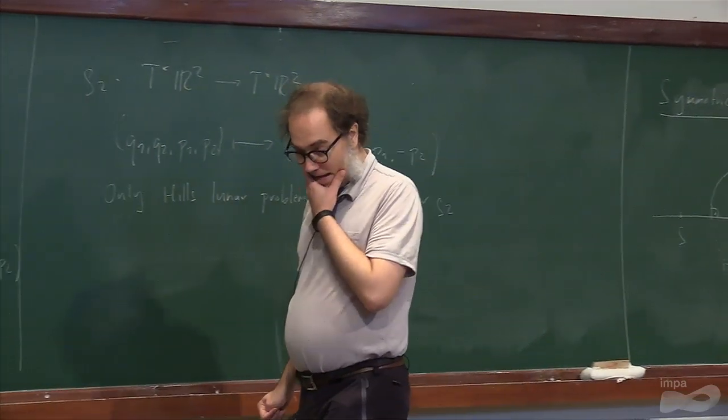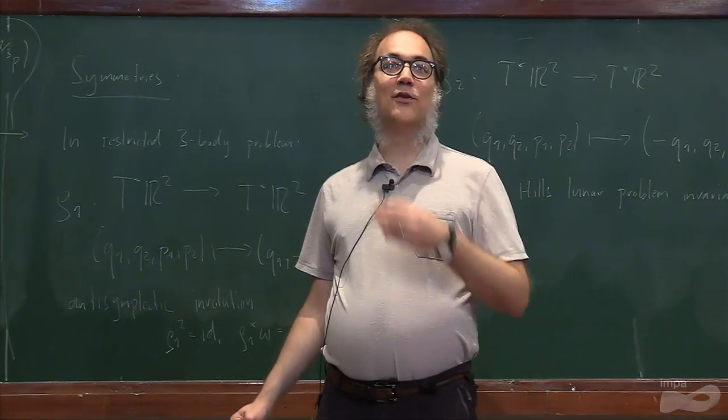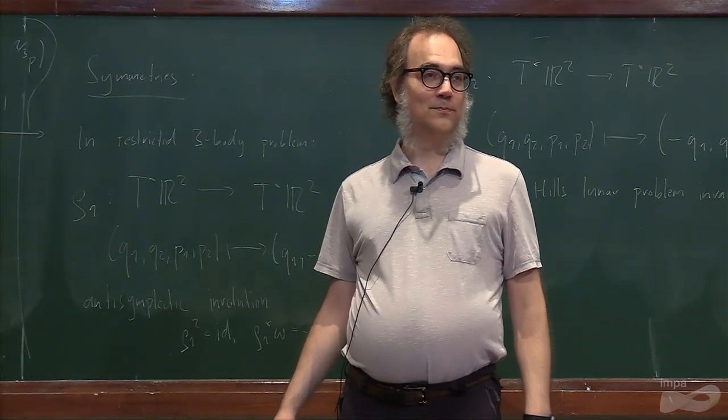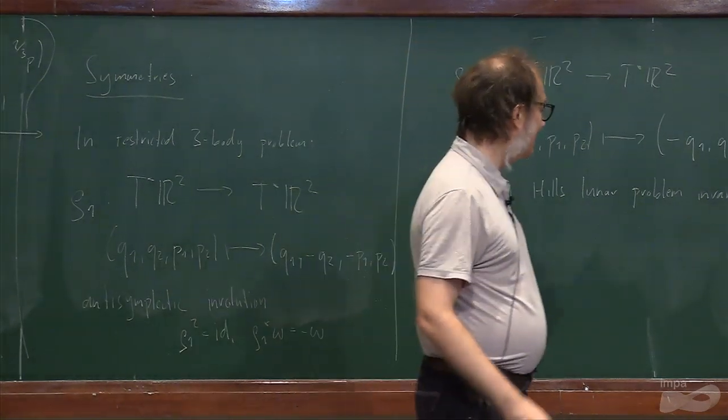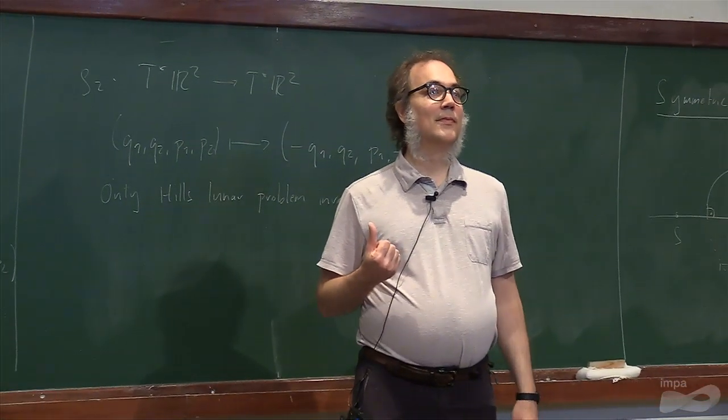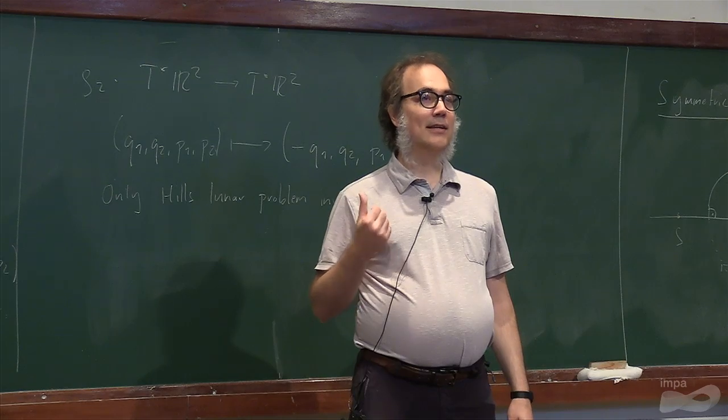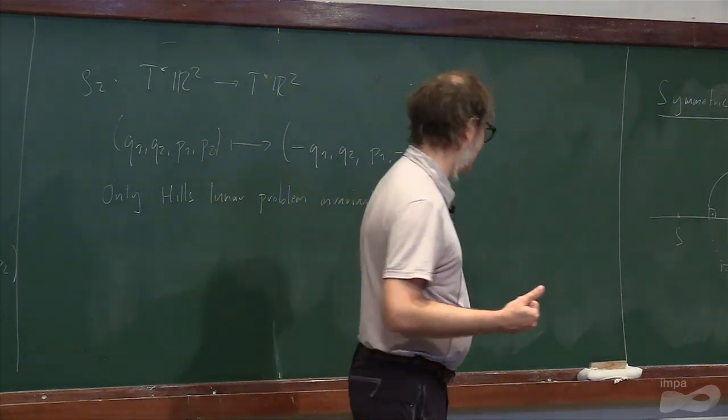And now let's ask the astronomers, what kind of moons do you know? And then they know two kinds of moons: direct ones and retrograde ones. And what are these?